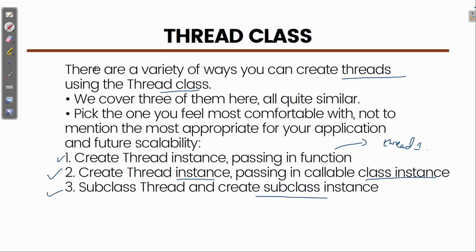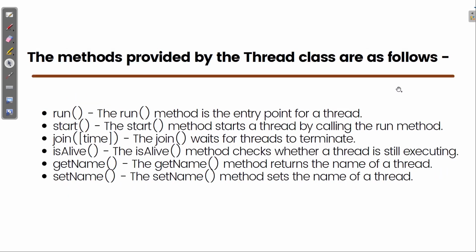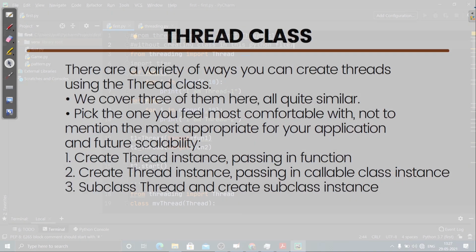Basically, we will use the concept of inheritance, and we will inherit the thread class into our subclass. Don't worry if you are getting confused, because I'm going to show you all three ways how you can create a thread. Before going to see the methods inside this thread class, I will show you these three methods.